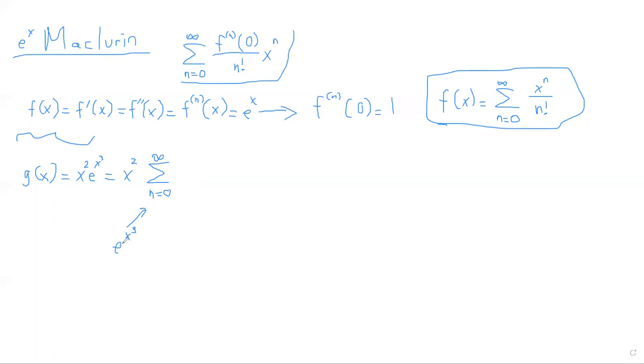You already know that e to the power of x gives you this. You can substitute x with x cubed. So you get x to the 3n over n factorial.